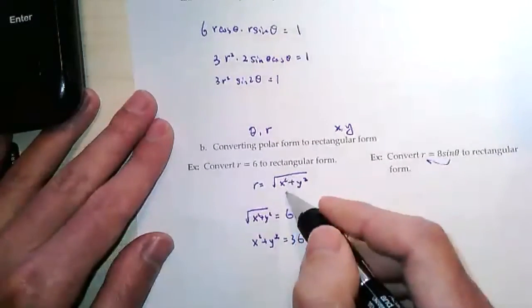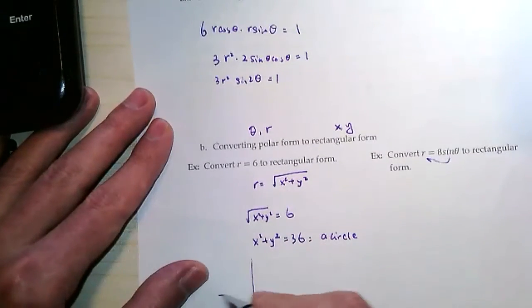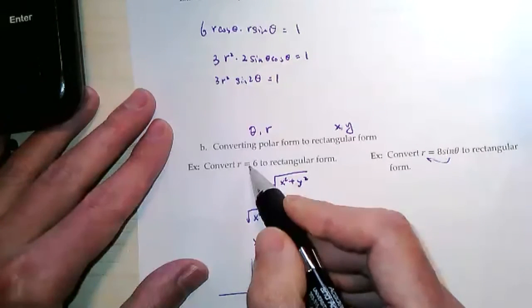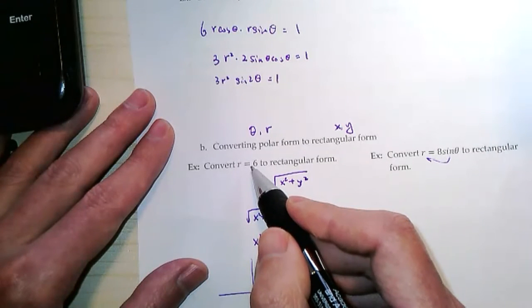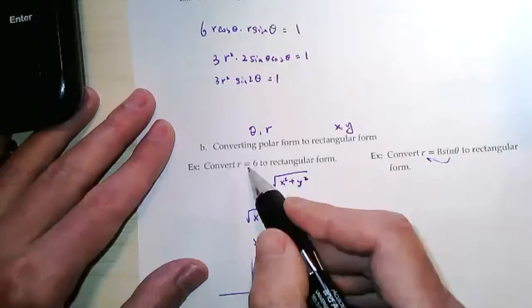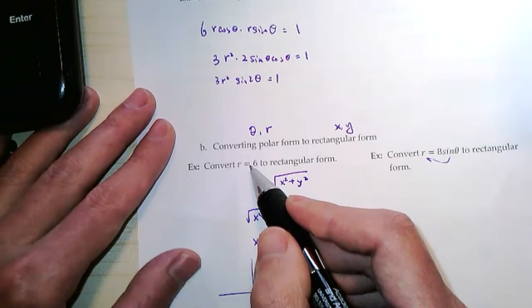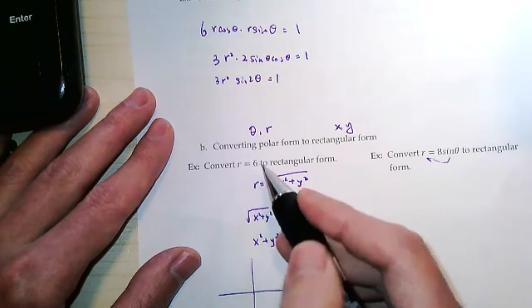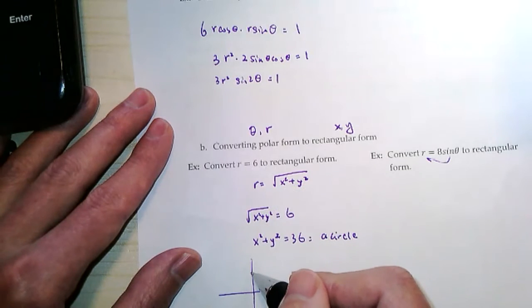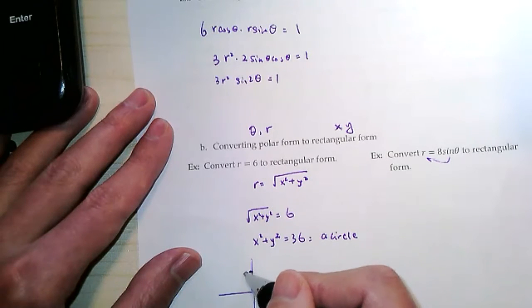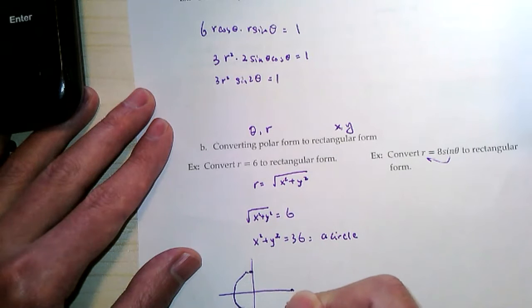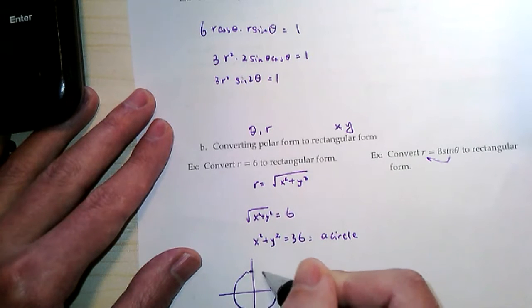So let's draw a graph to help you think about it. Remember r is the distance between the point and the origin. And we did not specifically say what the angle is. So all the angles would work. So r is 6, which means the distance between that point and the origin is 6.